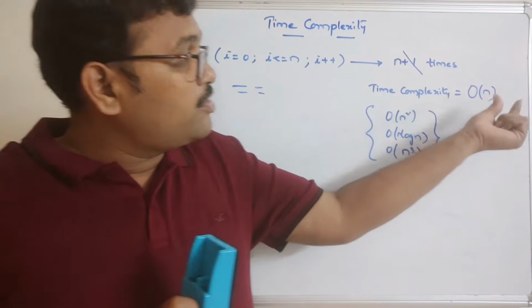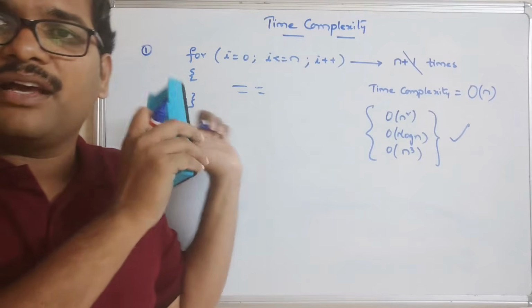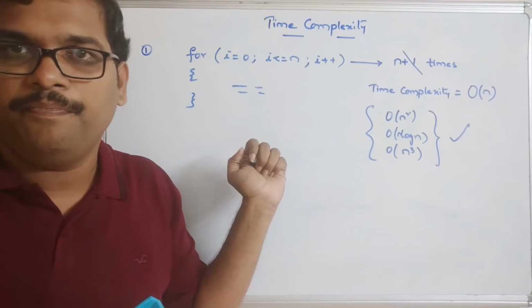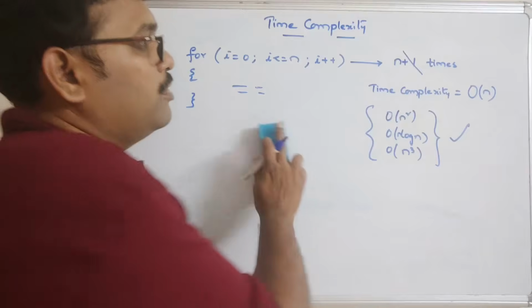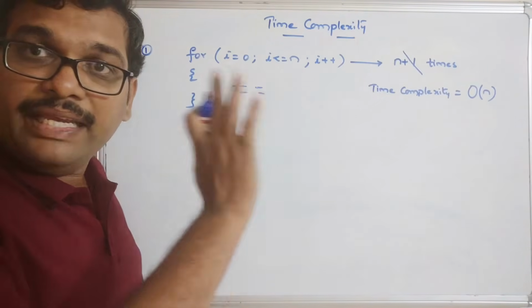That means order of n and anything greater than this can be correct for this particular code. Okay, so this is the time complexity of this one, order of n.